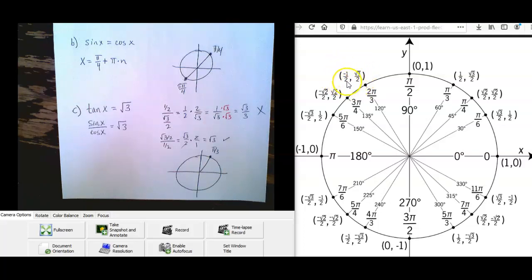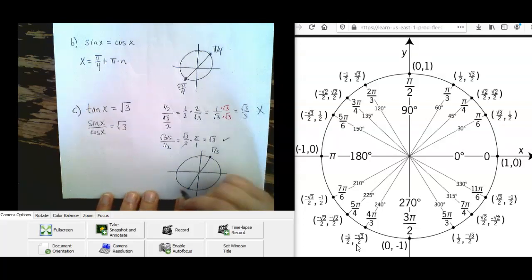Root 3 over 2 divided by negative 1/2 would give us negative root 3. So we can't include that. Going around, of course, this is not going to work. That's not going to work. How about this one? Is negative root 3 over 2 divided by negative 1/2 equal to positive root 3? Yes, it is. So we have another solution at 4 pi over 3.